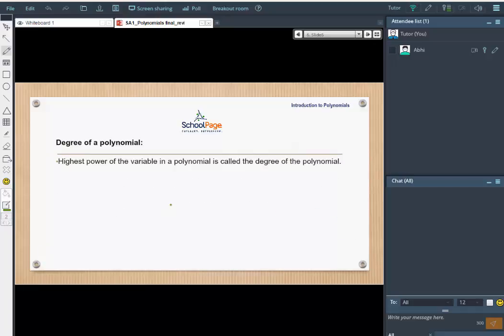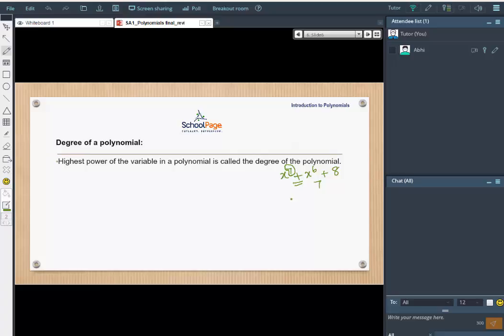The highest power of a variable in a polynomial is called the degree of a polynomial. Now suppose I have x raised to 7 plus x raised to 6 plus 8. Here we can see that the highest power of the variable is 7, so the degree of this polynomial will be 7.